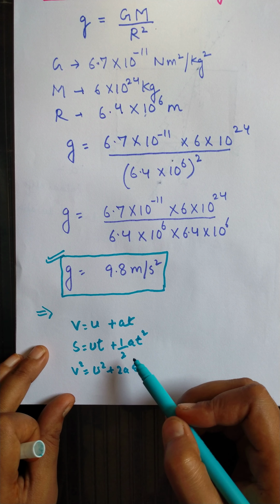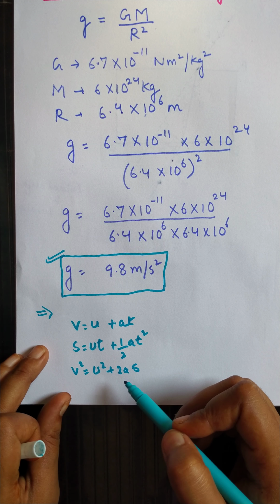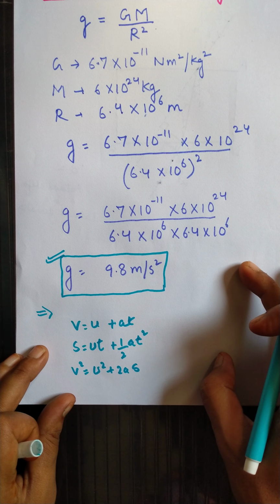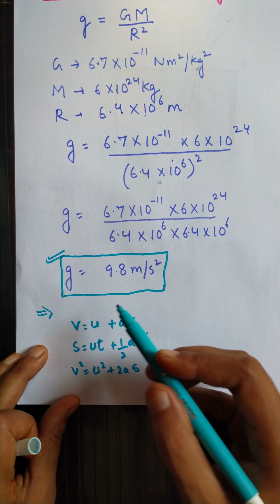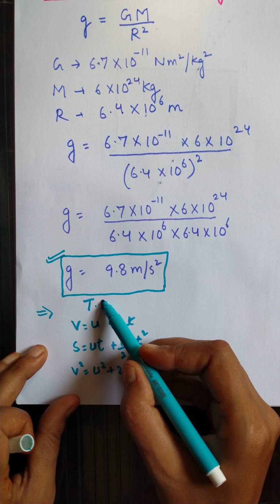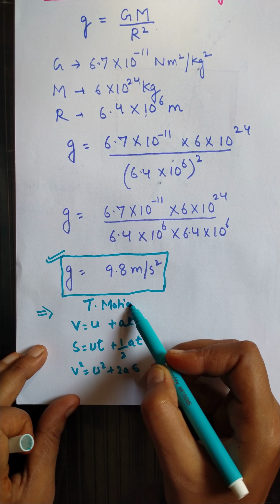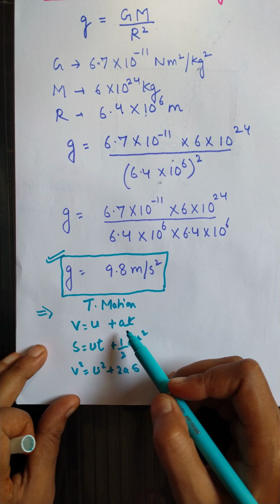These were the three equations of motion that we derived when the object is moving on a straight line, that is, showing translatory motion. So these are for linear or translatory motion.